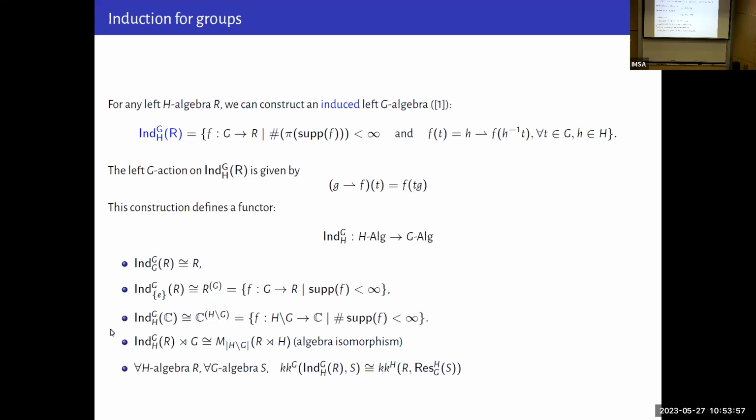This stands for matrices with entries in this algebraic cross product, where R is a left H algebra, indexed by the cosets and with finitely many non-zero entries. And this result is a result that Eugenia mentioned yesterday. So these are algebraic KK groups, and this induction functor is left adjoint to the restriction functor at the level of KK.